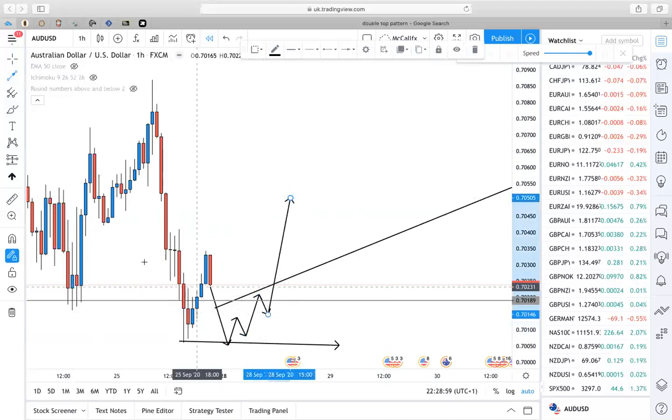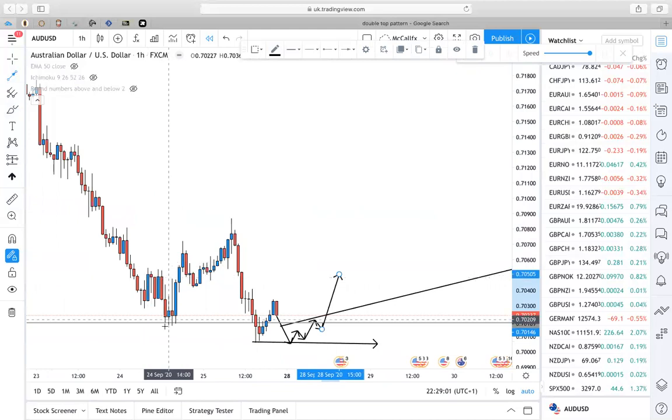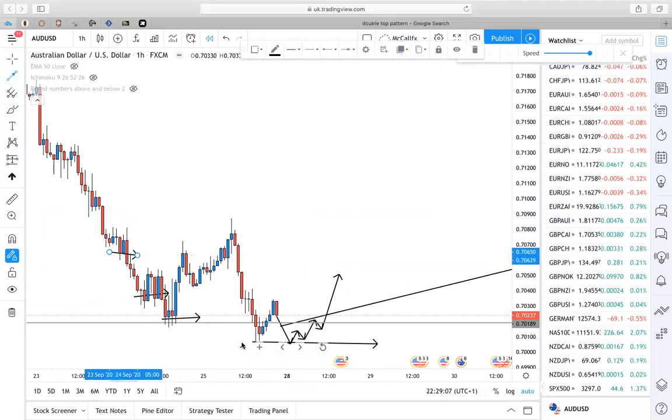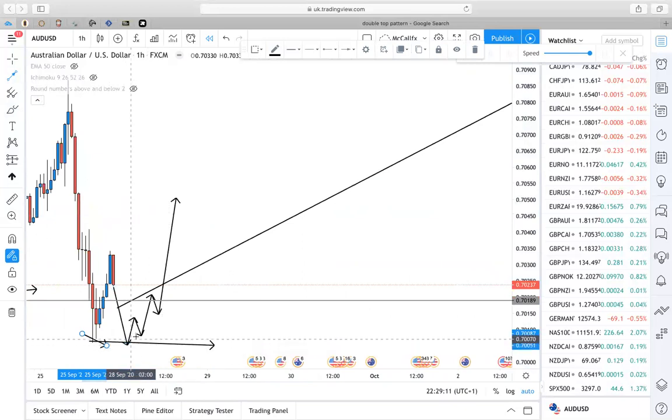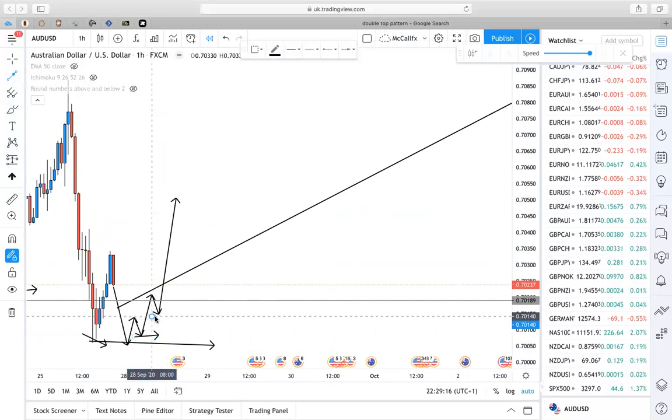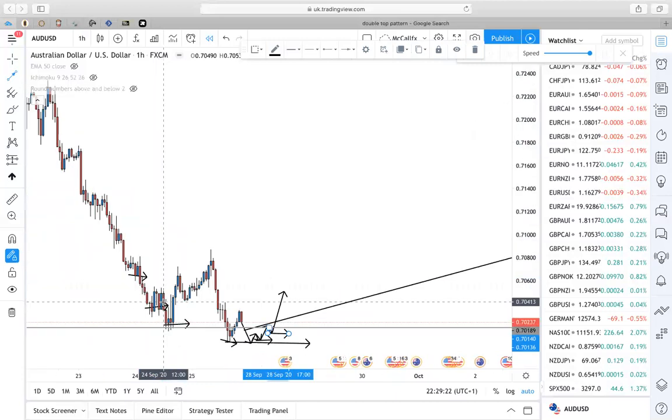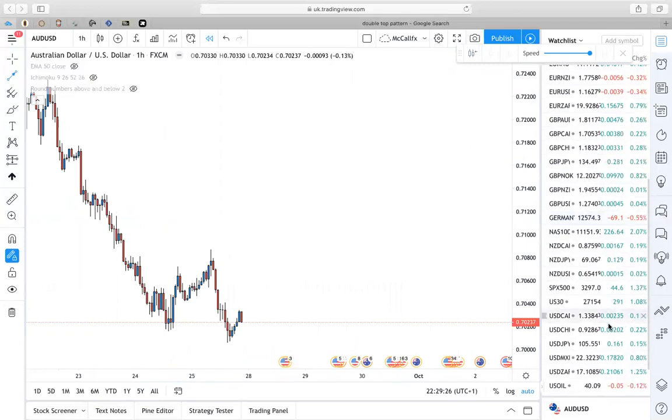Because what market was basically doing was creating these lows. At this final low, what I'm seeing is new highs. Market is not able to break this. Market is creating new highs. So obviously I'm seeing a change in direction, so I'll be expecting market to go up.